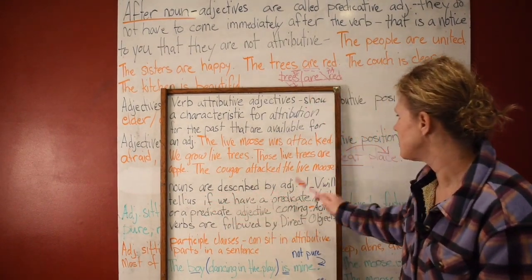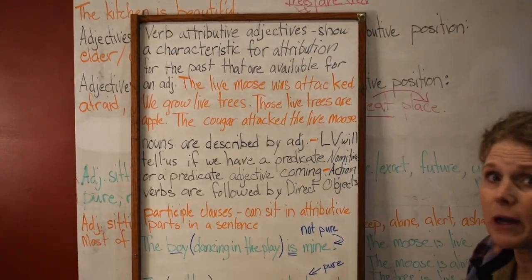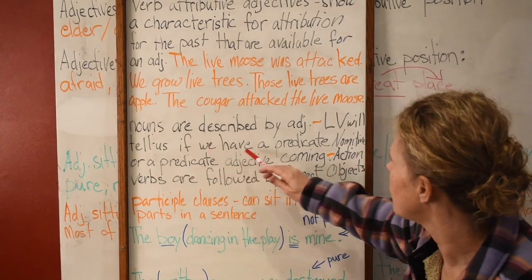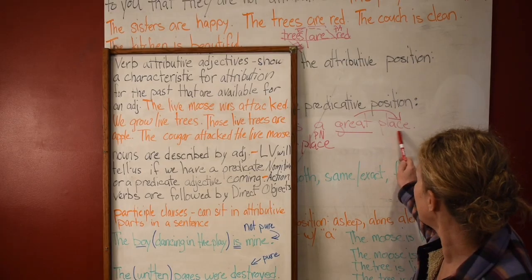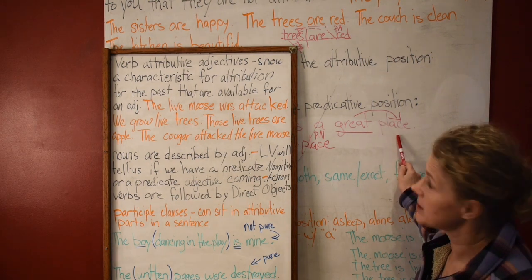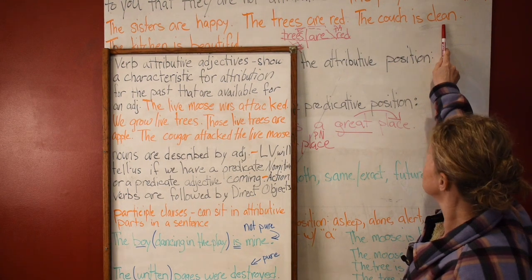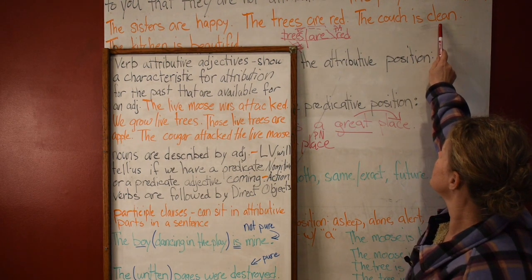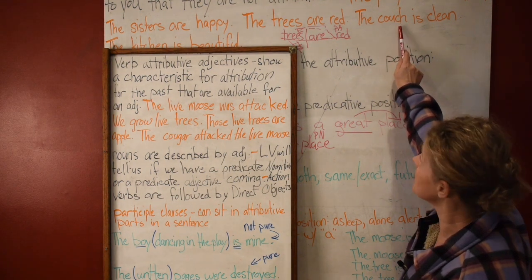Nouns are described by adjectives. Okay? So we talked about nouns describing adjectives. Linking verbs will tell us if we have a predicate nominative or a predicate adjective. This right here is your predicate nominative, and this right here would be your predicate adjective. Here's your linking verb, but this is taking you back, describing the subject right here.